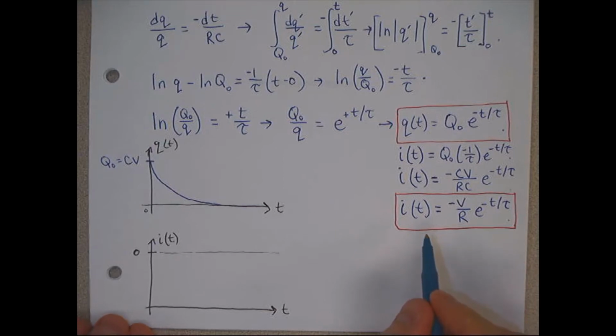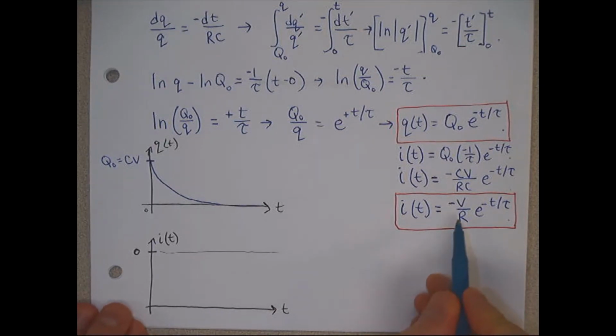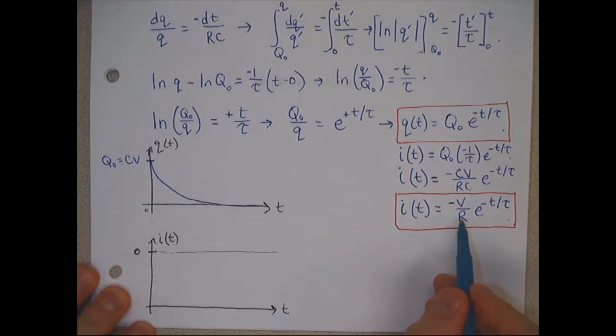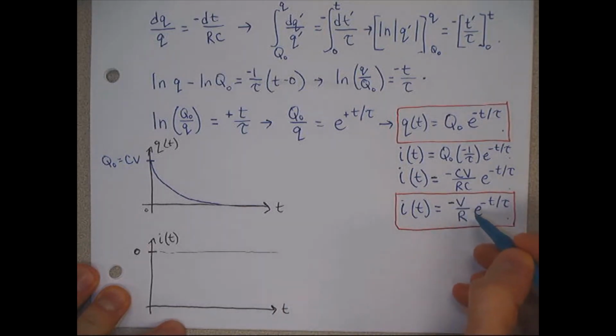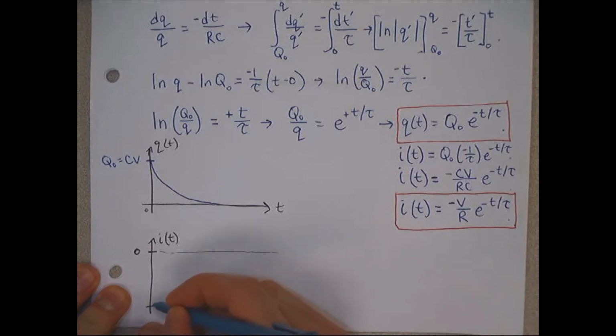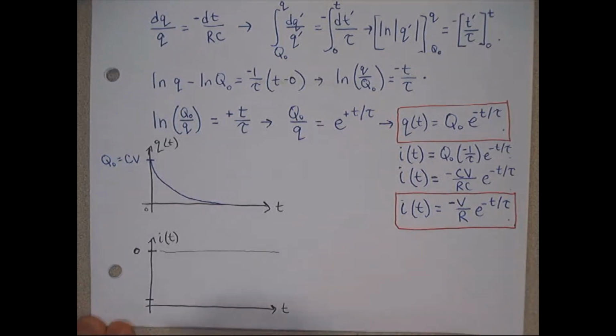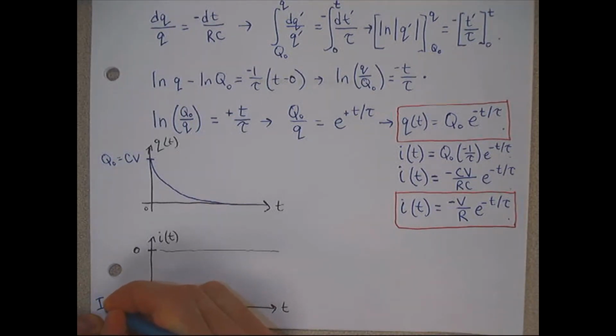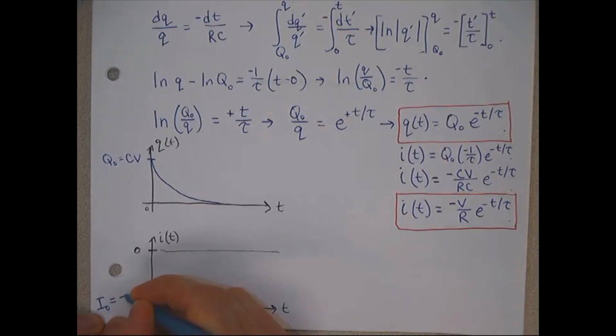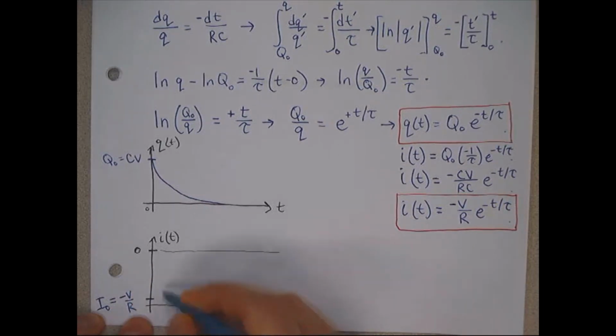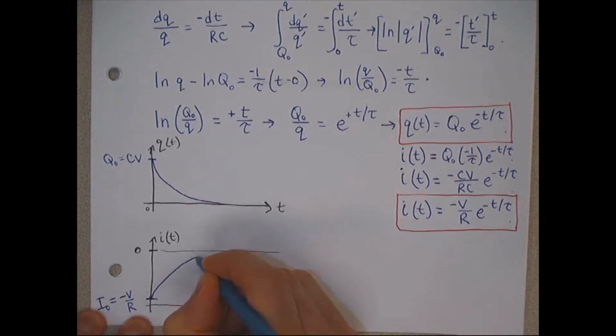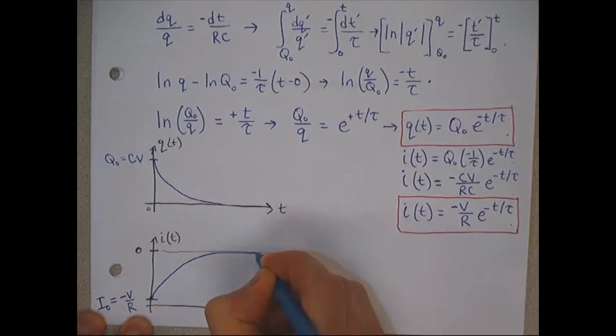The current also decays exponentially, but it is negative and it approaches zero over time. Our initial value you might call I0. It's going to be negative V on R. So we start here and we decay up to zero.